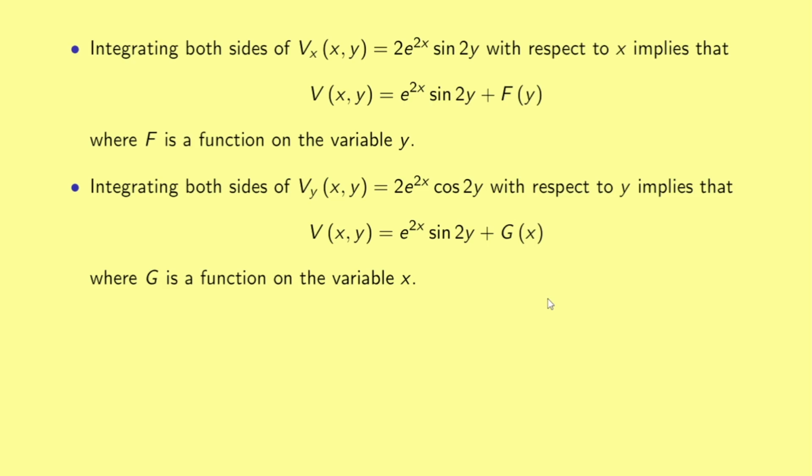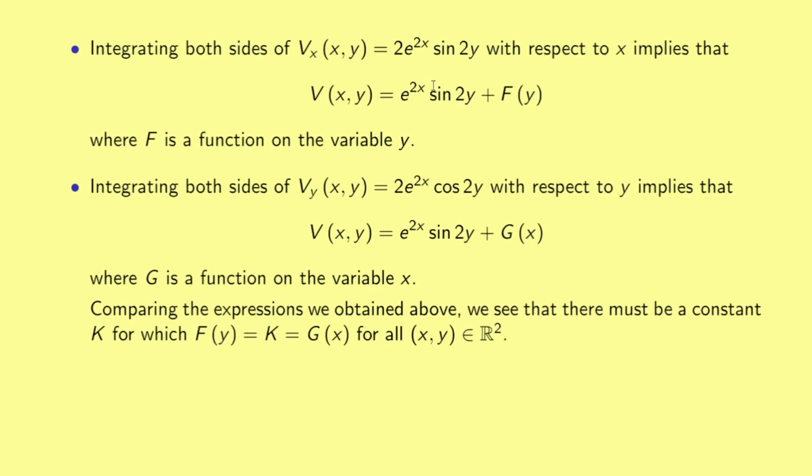So we have two functions, one which only depends on y and the other which only depends on x, and they must be the same. The only possible situation is for both of them to be a constant, with the same value. So there must be a constant k for which f of y equals k, which is g of x, for all x and y in R2.